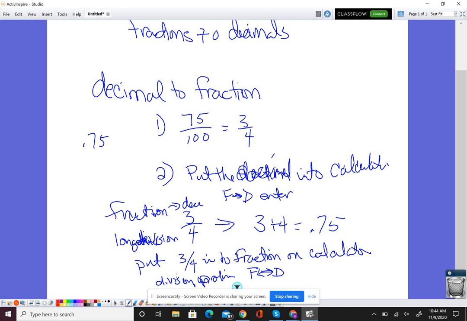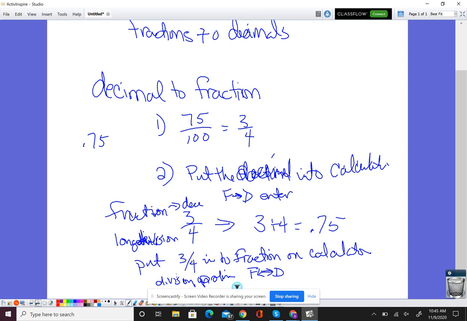So how do you do the mixed numbers? Okay, so mixed numbers has a whole number and then a fractional part, right? If I'm looking at writing that out in decimal form, does the whole number part change at all? No, it's still a whole number.